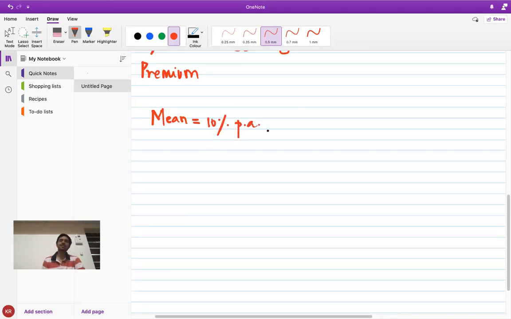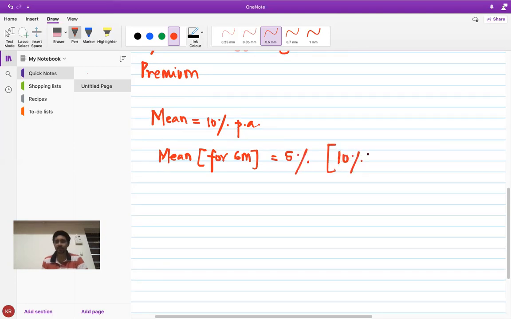If now I ask you what is the mean for 6 months, the answer will be mean for 6 months equal to 5%. What I've basically done is I've multiplied 10% by 0.5. 0.5 is nothing but 6 by 12, right?